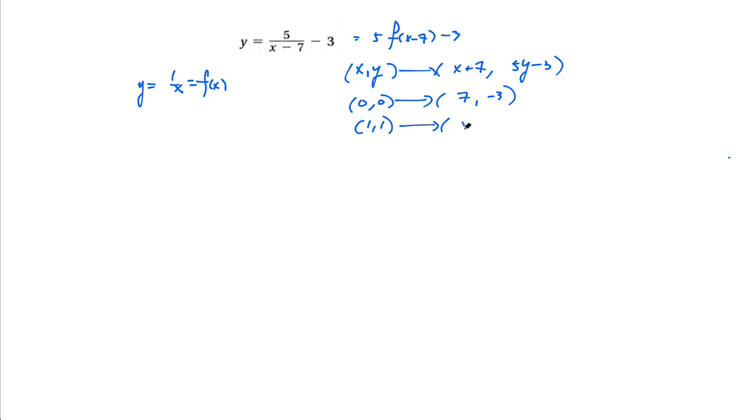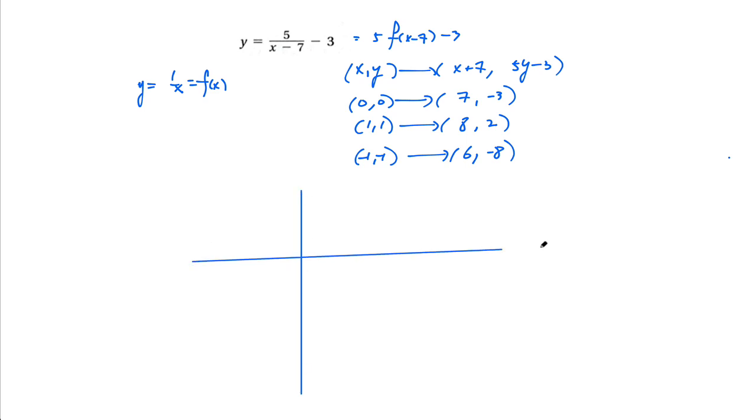(1, 1) will go to (8, 2). (Negative 1, negative 1) will go to (6, negative 8). So 7, 7. Okay, 1, 2, 3, 4, 5, 6, 7, and then negative 3.